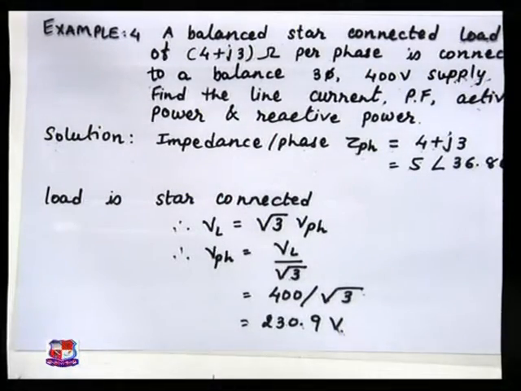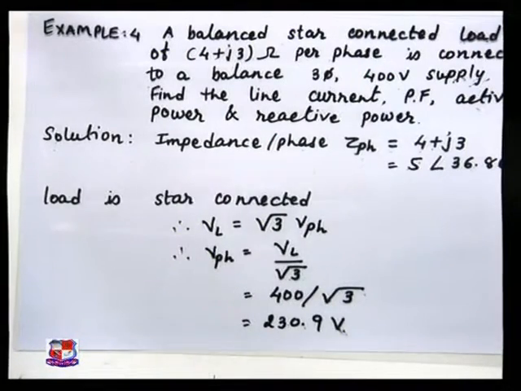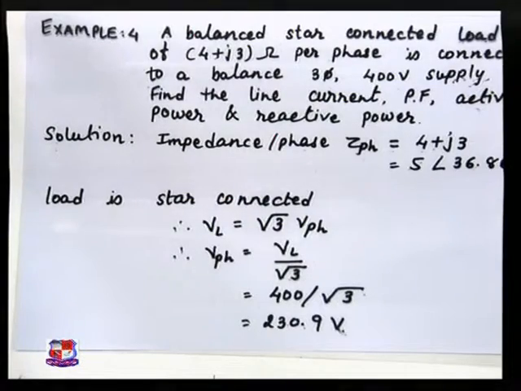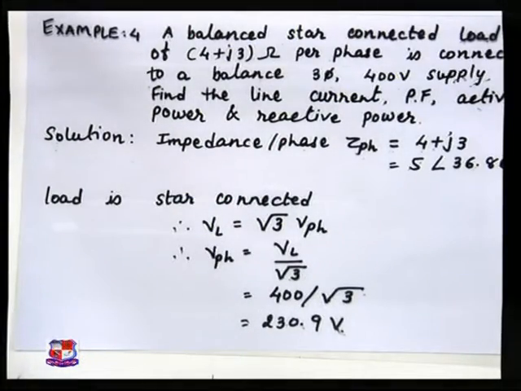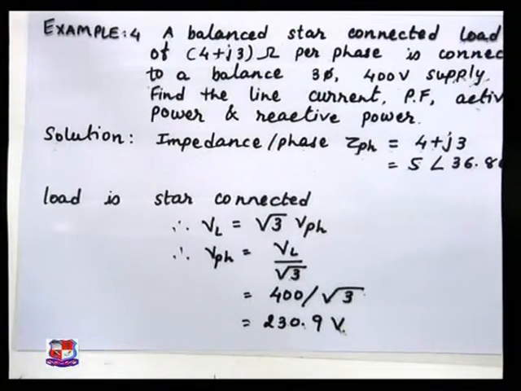The line voltage is given as 400 volt, so the phase voltage is 400 divided by root 3, which is 230.9 volt.